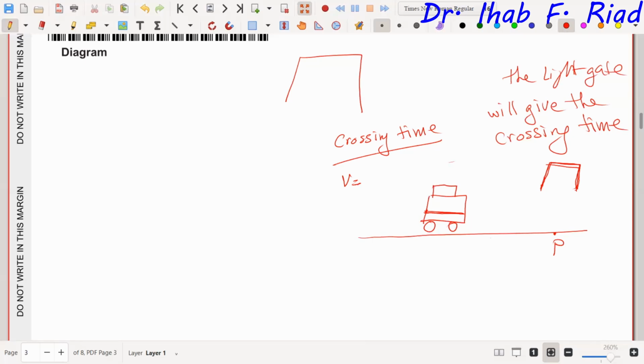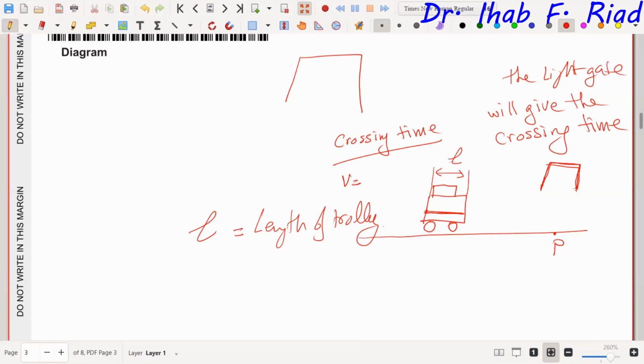What is the distance moved while the trolley was crossing the light gate? The distance from the beginning of the light gate to the end of it. No. The length of the trolley. Right? Yes. Length of trolley is L, for example.